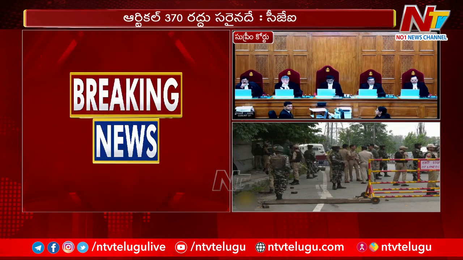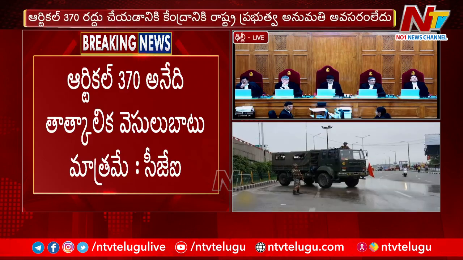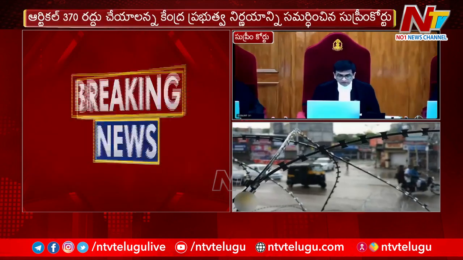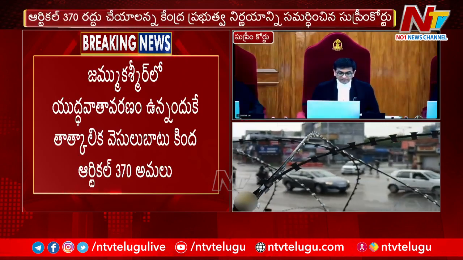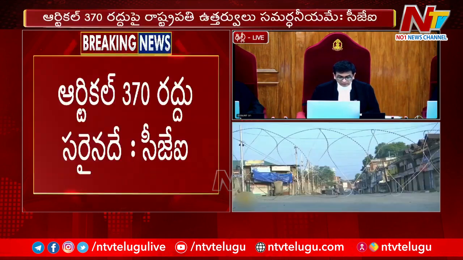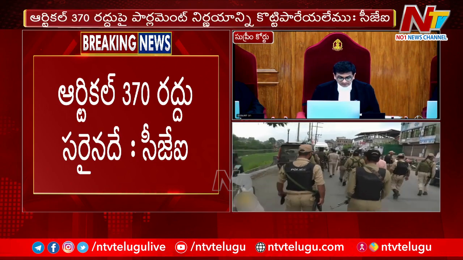H. The exercise of power by the President under Article 370(1)(d) to issue CO 272 is not mala fide. The President, in exercise of power under Article 370, Clause 3, can unilaterally issue a notification that Article 370 ceases to exist.